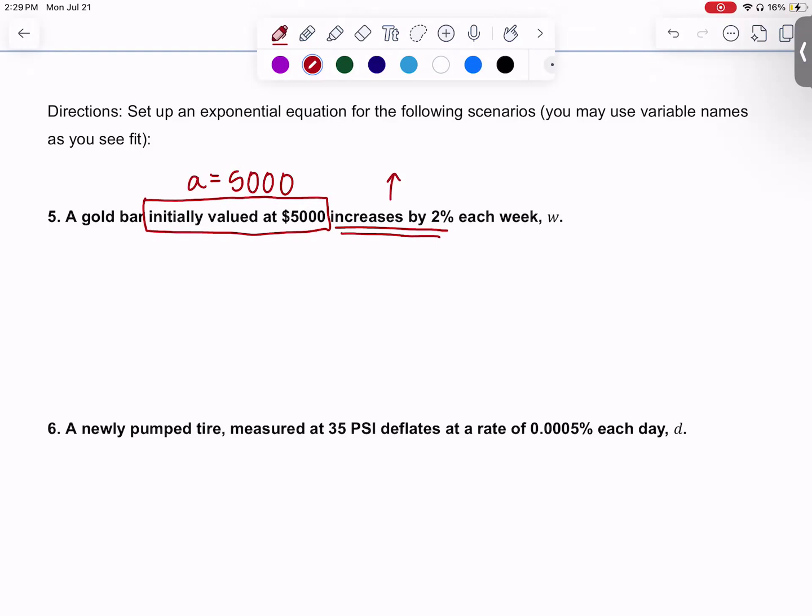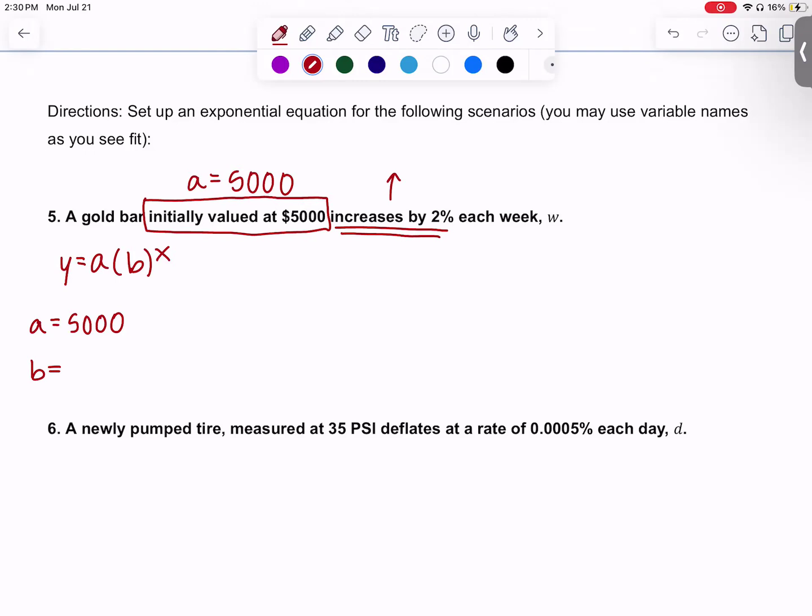Underline that. Increases, put an arrow. If this is y equals a times b to the power of x, we know that a is 5,000. B is not 2%. It's 2% more than 5,000, then 2% more than that, then 2% more than that, and so on.